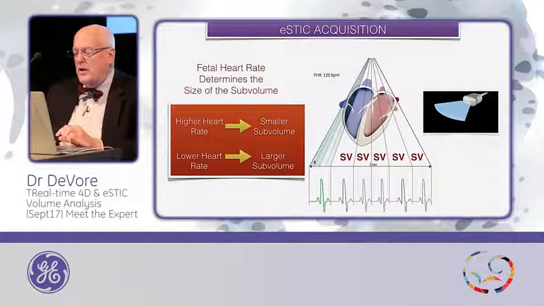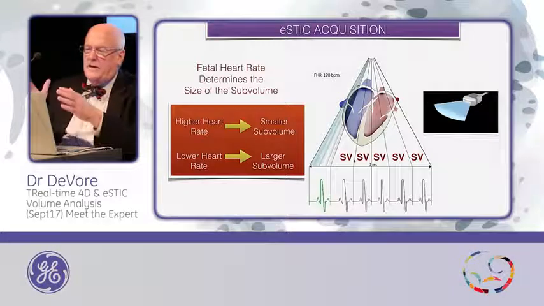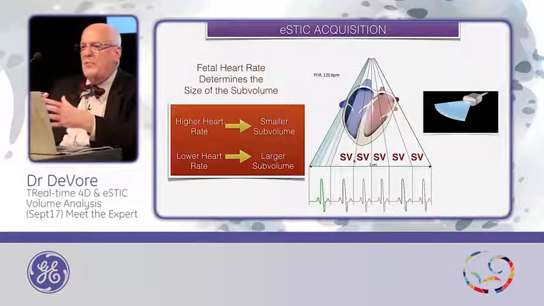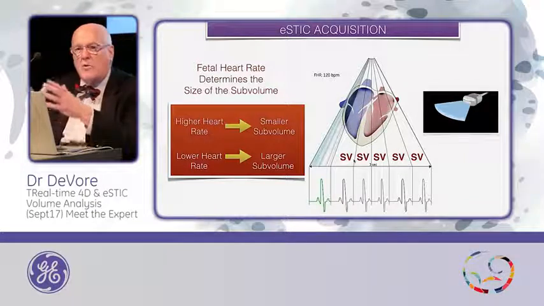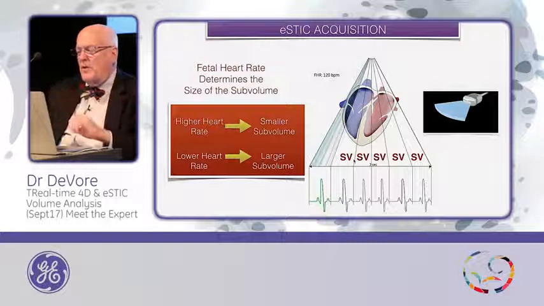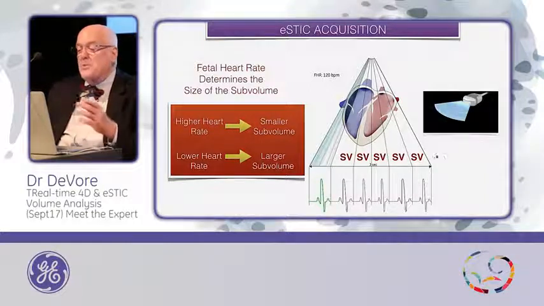So between here and here, once it knows what that is, it says, I can make the subvolume a certain size and send down an ultrasound beam and capture all the elements in that subvolume simultaneously with no artifact. So then it says, okay, I have a certain width of my subvolume. Now I'm going to see how many subvolumes I have to acquire to go the length of the distance that the user has chosen.